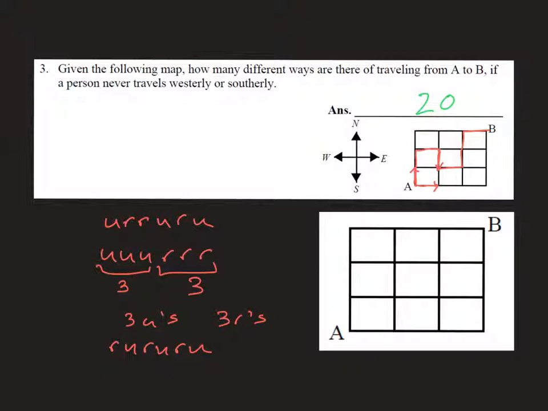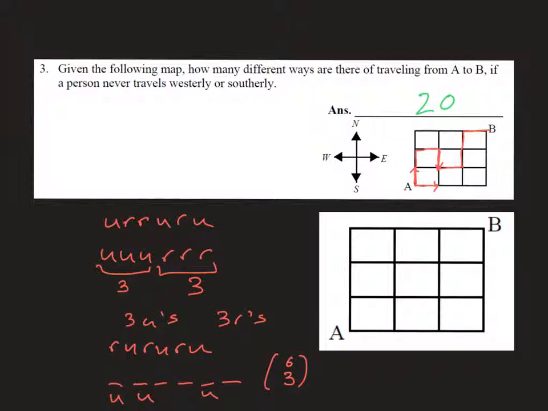because we need to find the number of ways that the R's and U's can be arranged if there are 3 of each. If there are 3 of each, you know there are 6 slots to put the R's and U's, but in only 3 of them will there be U's. Maybe there's a U here, a U here, and a U there, and then the rest have to be R's. So the number of ways to place the U's is 6 choose 3.